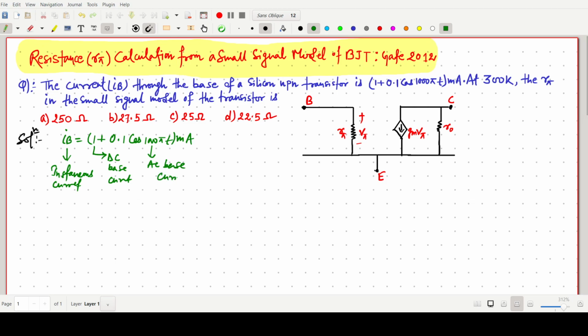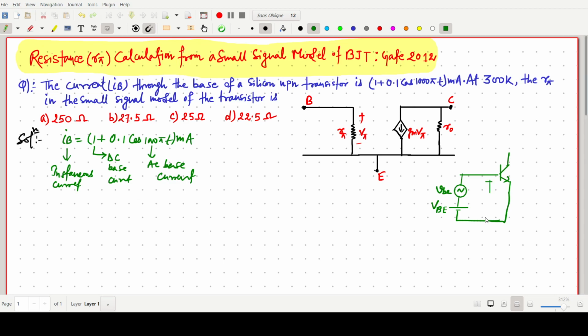In your question it's already given, because if we think about a transistor, suppose for the time being this one is an AC voltage VBE, and this one is some DC one.